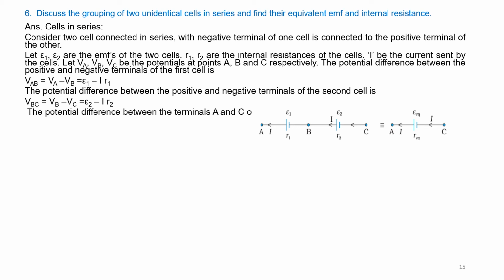The potential difference between A and C of the combination is VAC is equal to VA minus VC. Therefore, VAC is equal to VA minus VB plus VB minus VC.